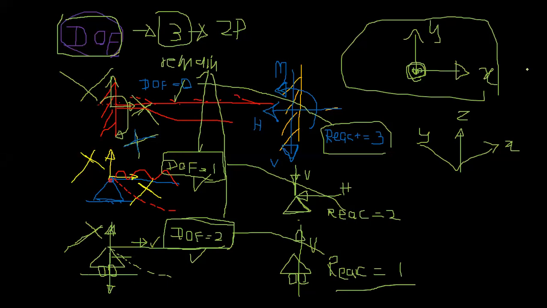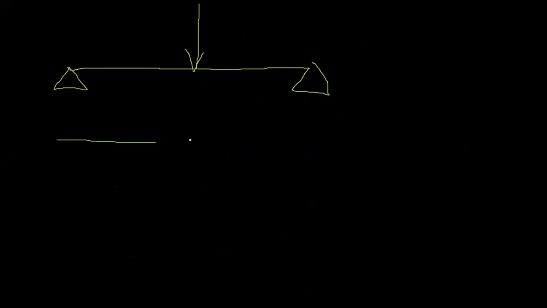Now we are moving to, yes. So let's consider a simple beam, right? Suppose there's a point load here. Let's call this distance L, and this distance is L by 2. Okay. So this is a pin support, right?